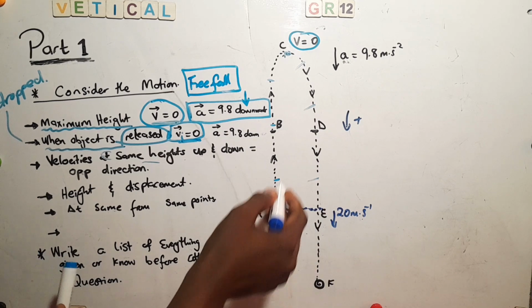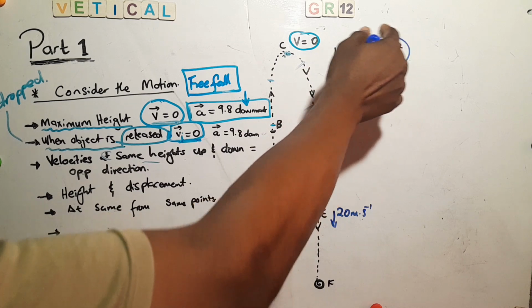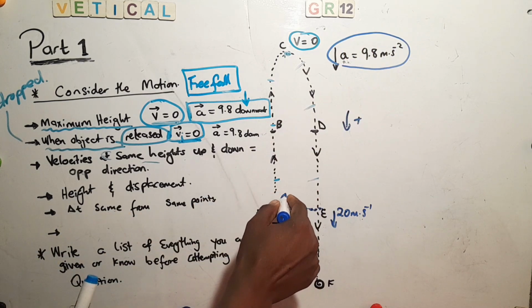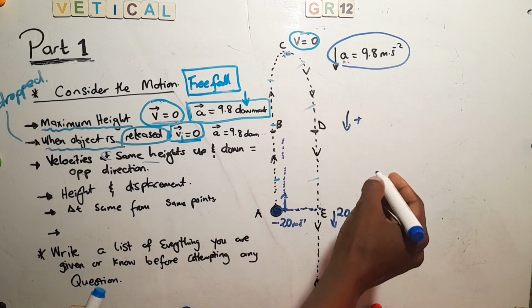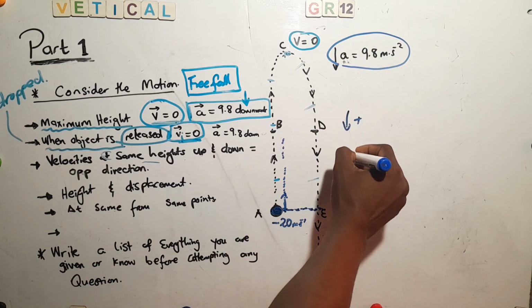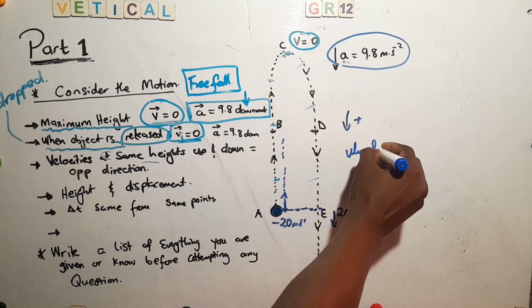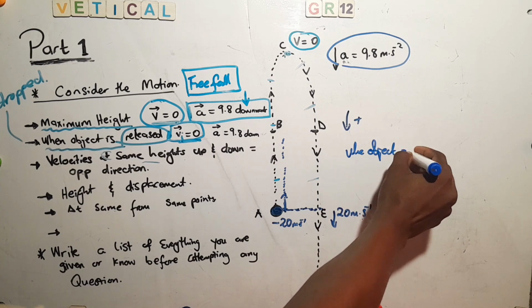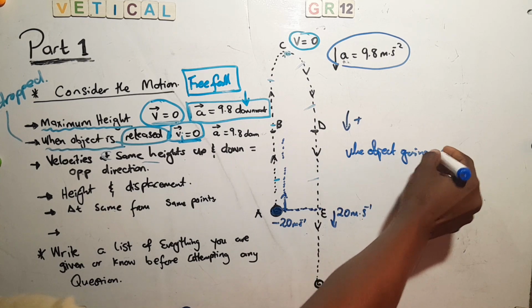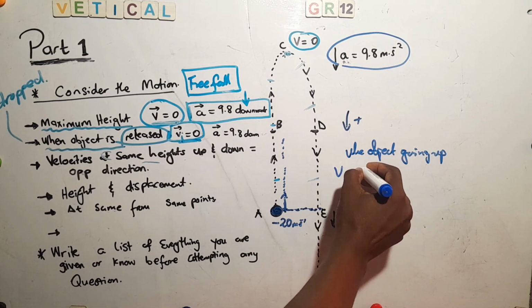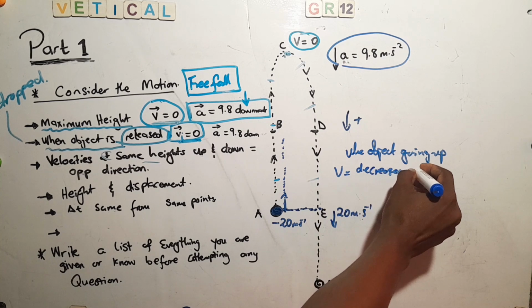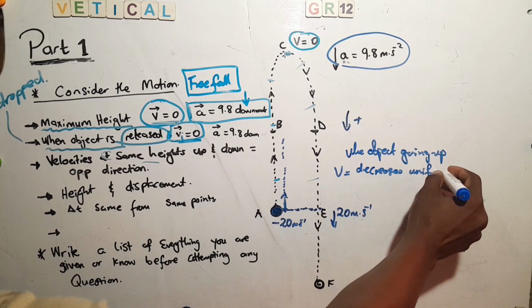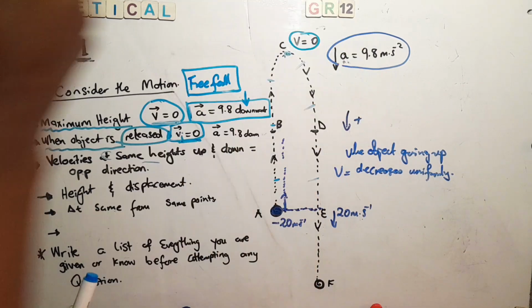Because we know our acceleration is the same, when something is going up, its velocity is decreasing uniformly, because the acceleration is staying the same.